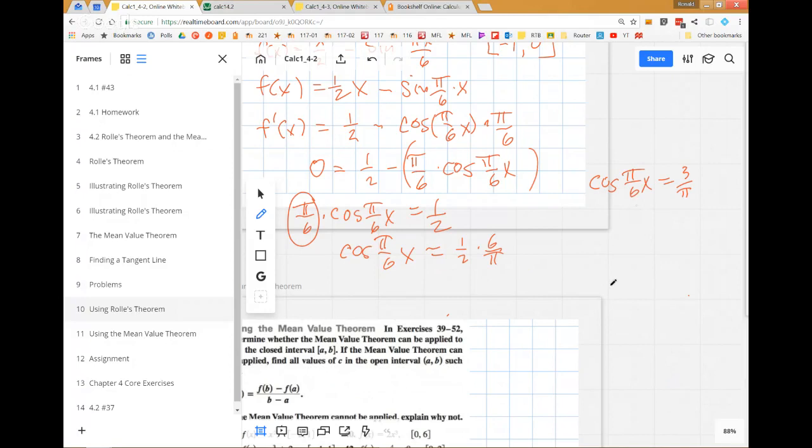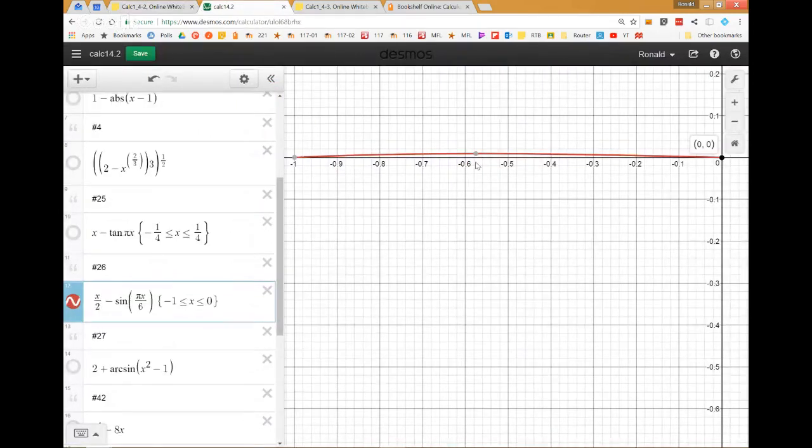Anyway, then we could go about solving that and coming down to the end. Let's see, what number is that? 26. You can look at the graph. Let's go back to the graph. You can see it looks like it happens right there. Take a look at number 26.